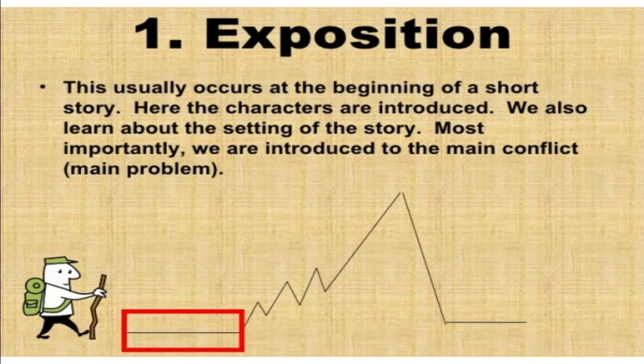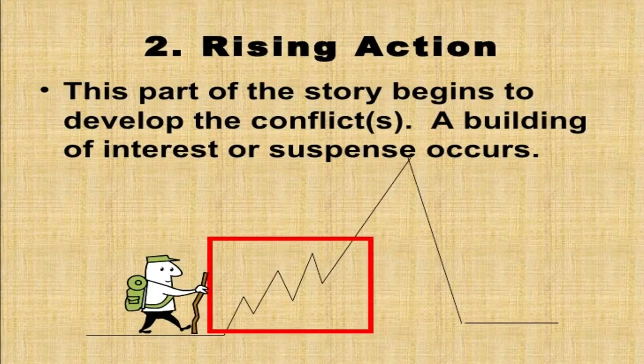Once we get there, now we move into the rising action. The story gets more exciting, the tension starts to build. It says this part of the story begins to develop the conflict or conflicts. There's a building of interest or suspense. With this part, it might not be a steady climb. You can see in that red box there, it goes up and down.